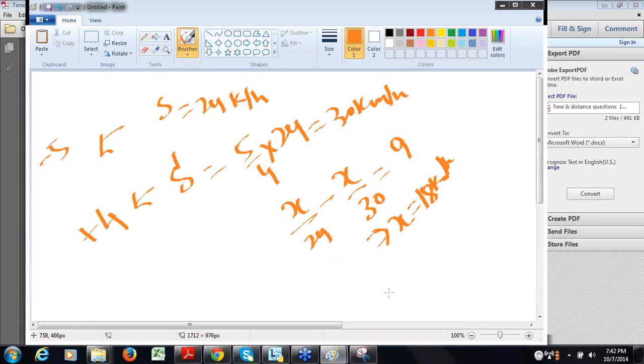Anybody has a problem with this question? It's a straightforward formula question. Somebody is asking me, is this a CAT level question?